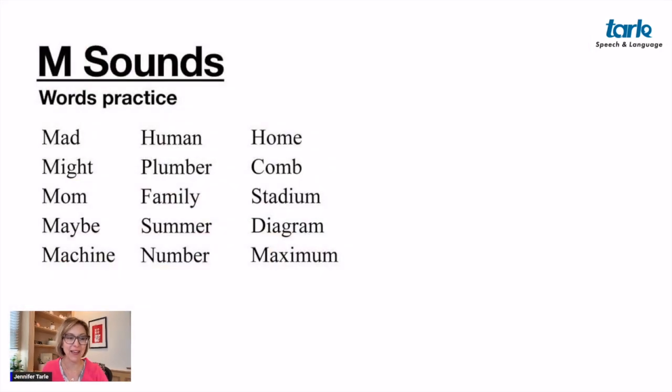All right. It is time for practice. So what I'm going to do is I'm going to show you the words and you just listen. And then you are going to repeat after me. All right. Is everyone ready?